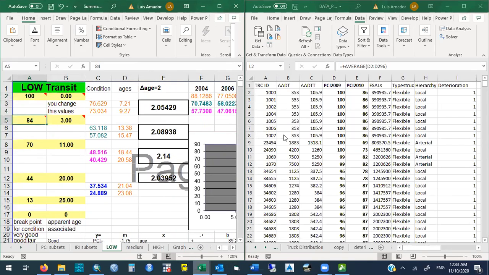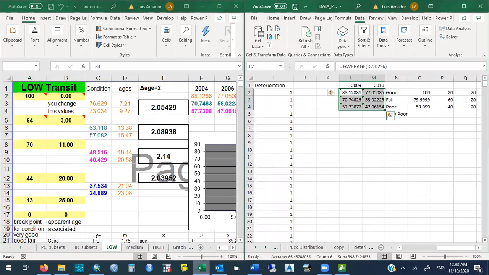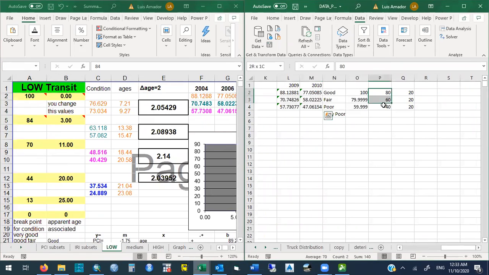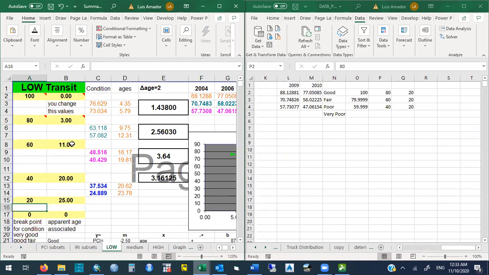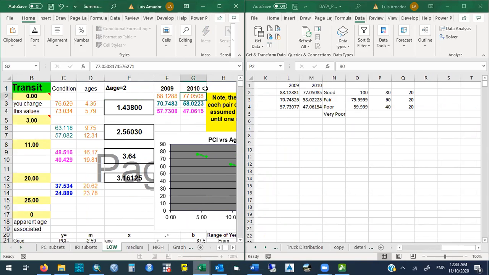We arbitrarily selected this and we need to respect it now. So this is 80. This one is 60. This one is 40. This one is 20. Now, the separation is 1 year, right? Because it's 2009 to 2010, correct?